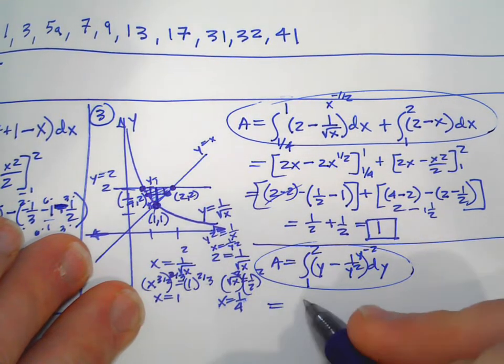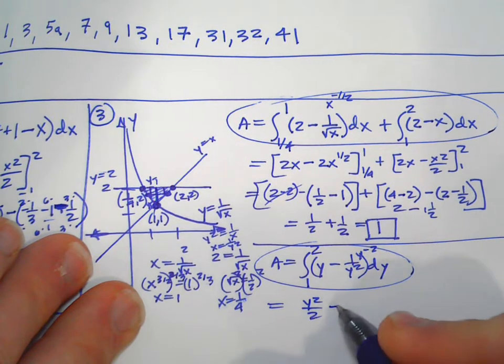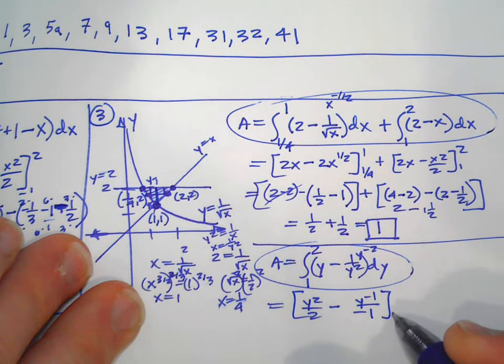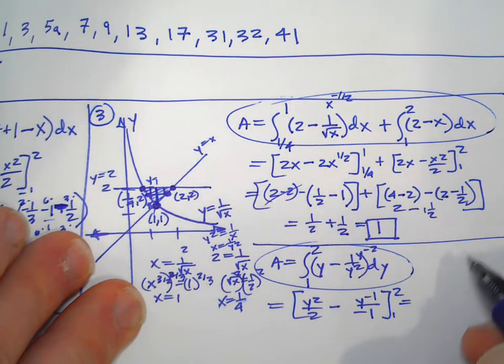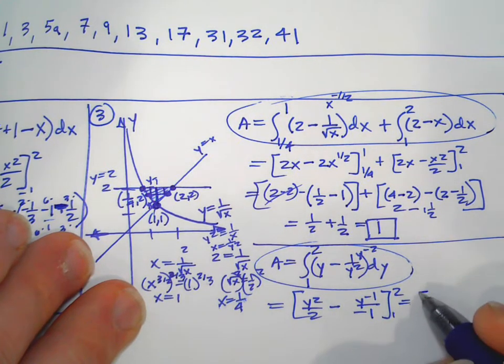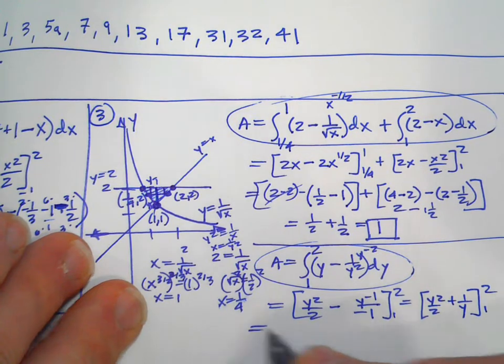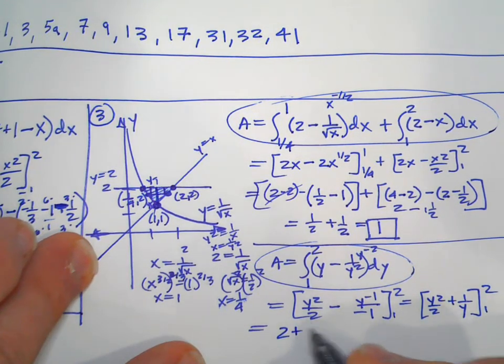So if you integrate this, it's going to be y squared over 2 minus y to the negative 1 over negative 1, from 1 to 2. Could clean it up: y squared over 2 plus 1 over y. And so if you plug 2 in, you get 2 plus 1/2.